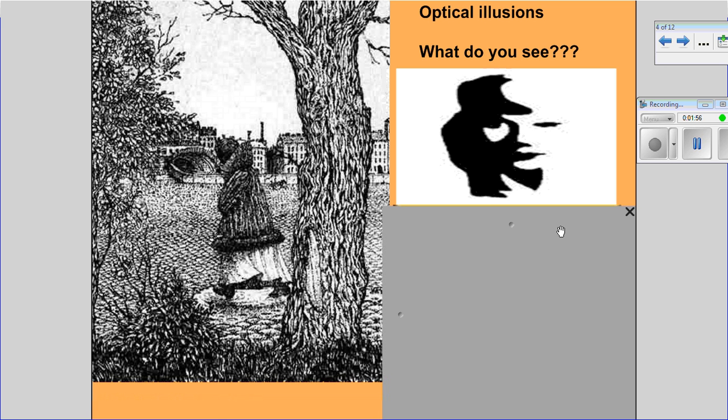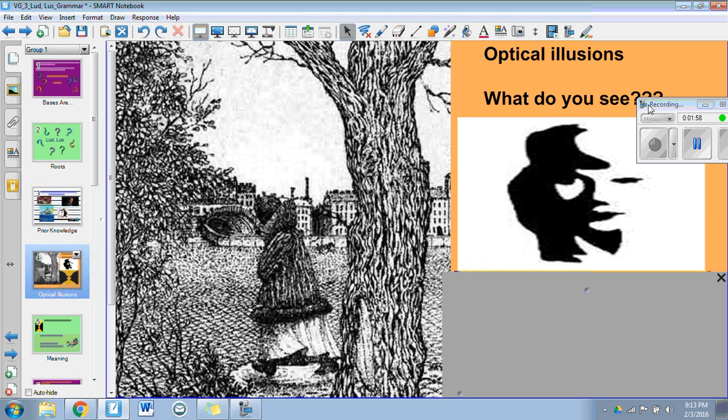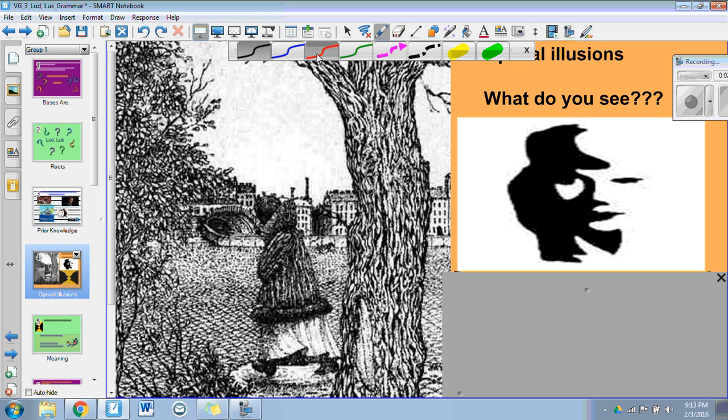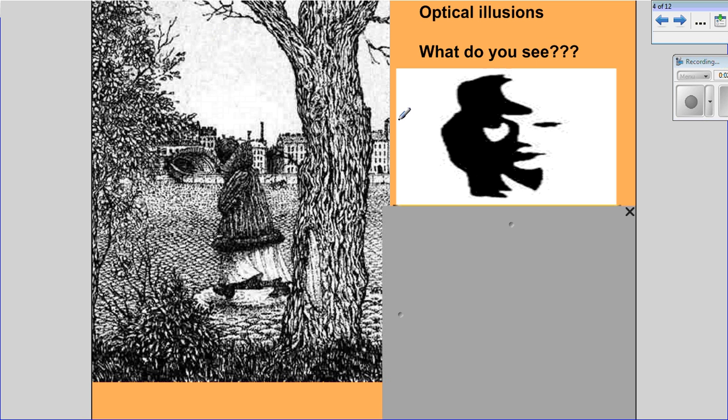Here's another optical illusion. When people look at this optical illusion, sometimes they see a woman's face. Other times, if you look closely, you can see a man playing an instrument. So here would be the outline of the man and the instrument. Here's his body, and so forth.